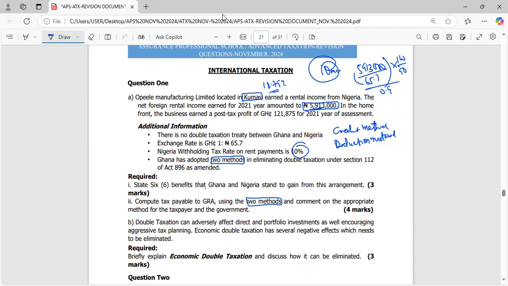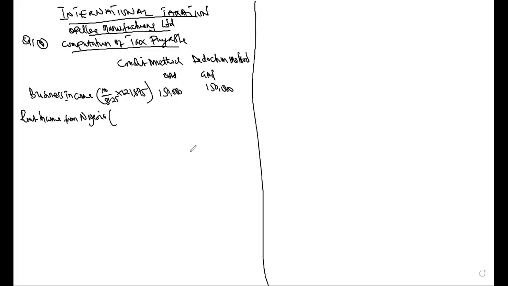So how much will be the gross rental income in Ghanaian cedi? You get 100,000. So 5,913,000 divided by 65.7 multiplied by 100 over 90 will give you 100,000 Ghana cedis.